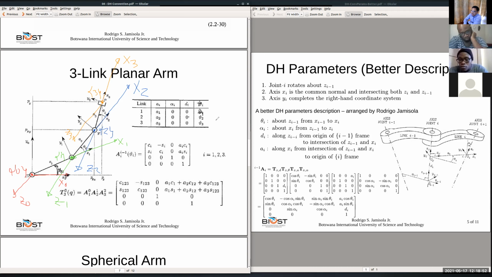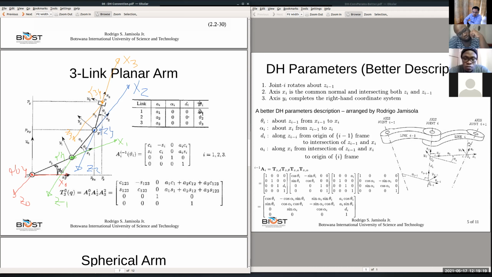Okay, so maybe it's easier to go to theta 2, because we know the direction of x1 and x2. So let's go to theta 2. Theta 2 is about z1, from x1 to x2. Yes, we are rotating about z1.